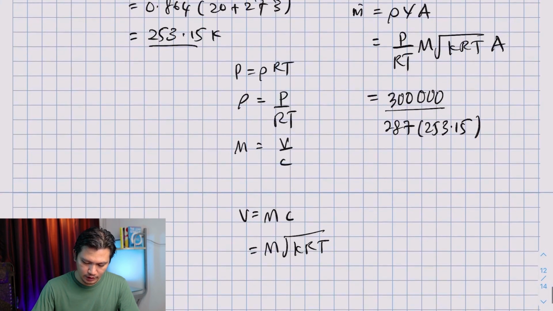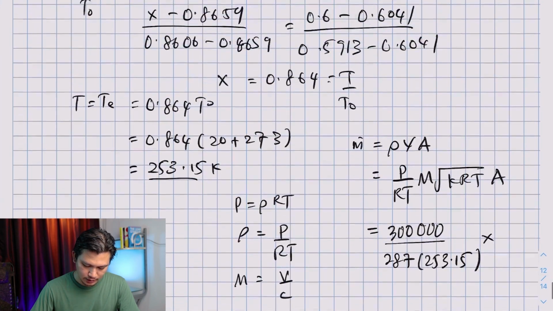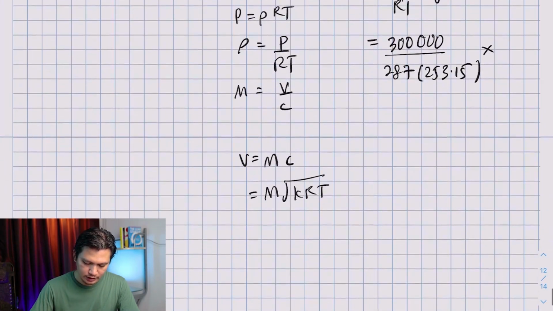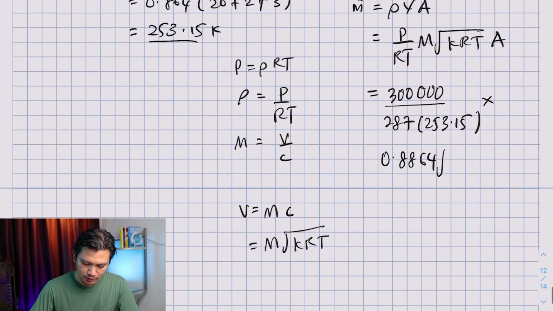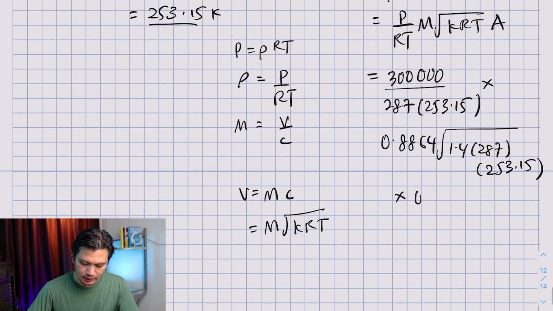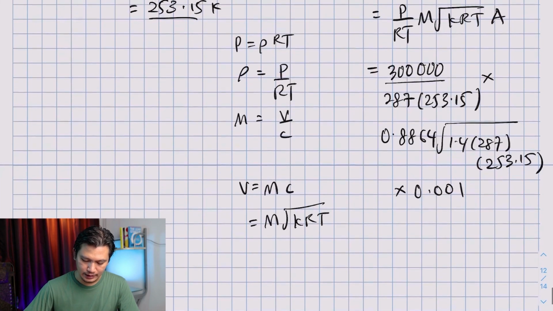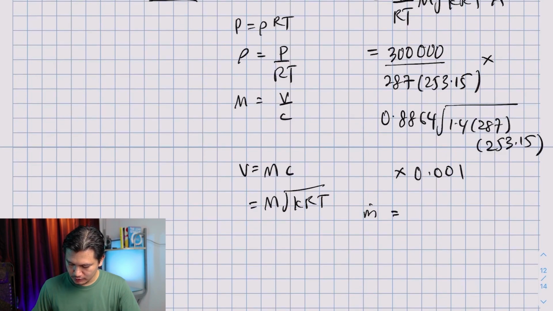And I may run out of space, so multiply with my Mach number, which is 0.8864, multiply with the square root of 1.4 times 287 times 253.15, times my area, which is 0.001.